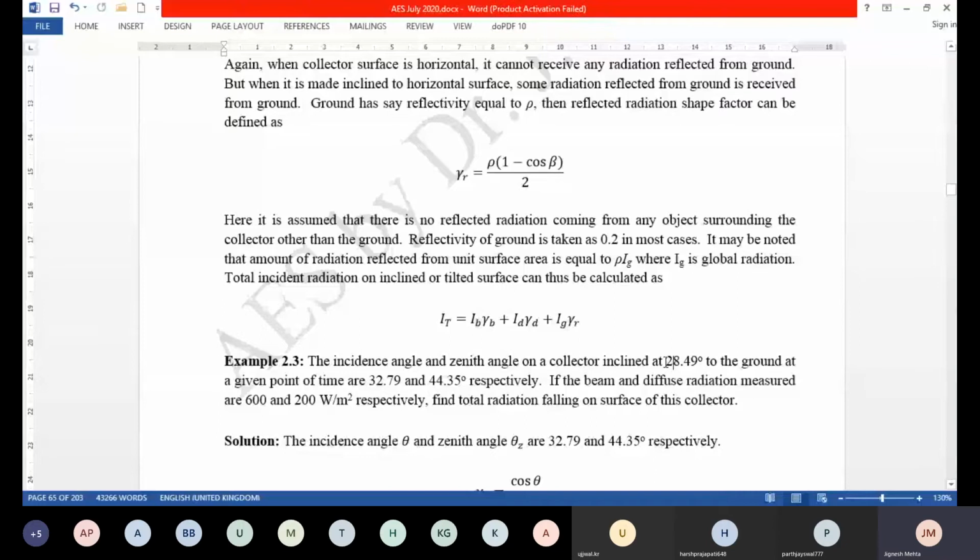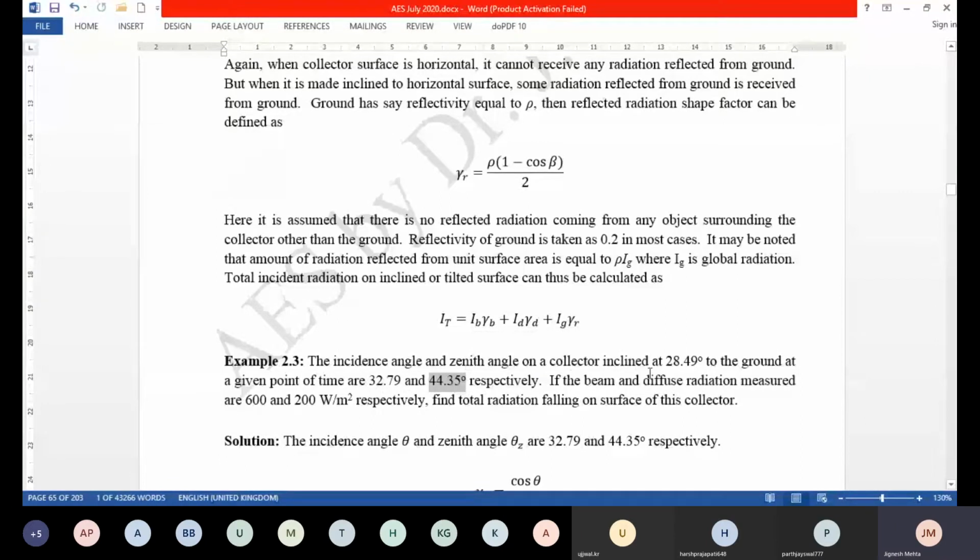So tilt angle in this case is 28.49 degrees, which is actually the latitude angle of Delhi. And these were the final answers that we got: the incidence angle was 32.79 degrees and the zenith angle was 44.35 degrees, right?